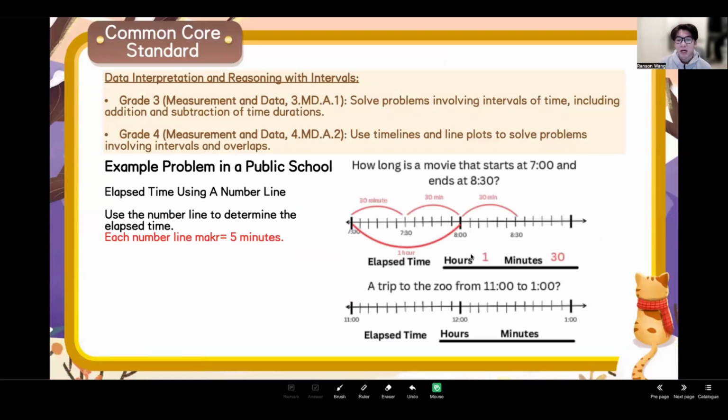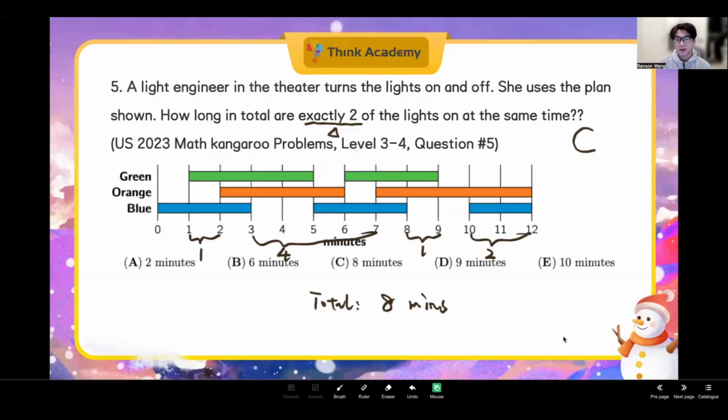In Common Core, this one is data interpretation and reasoning with intervals. Mostly in public school, they would test on times and how to convert minutes to hours, or how to interpret how long each interval represents. For this one, it's a little bit different.